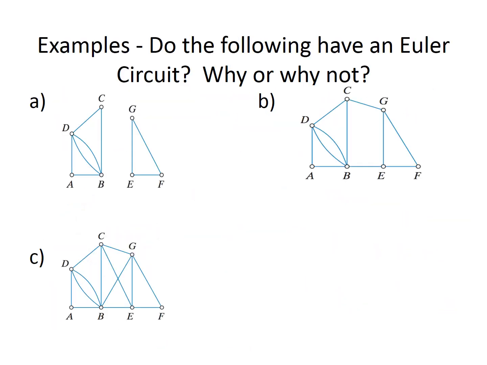Do the following have an Euler circuit? Why or why not? And if you look at the first graph, you don't even have to look at the degree, right? Remember, Euler circuit means all even vertices. But if it's not even connected, you can't even make a circuit. So this one, part A, I'm not even going to figure out the degree of the vertices because this is not even connected.